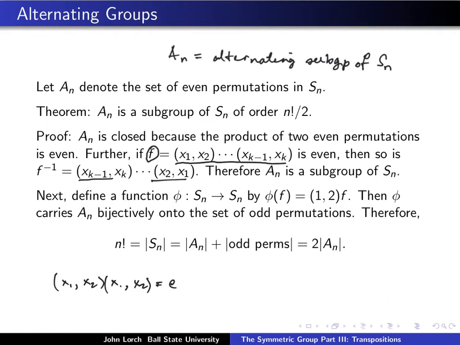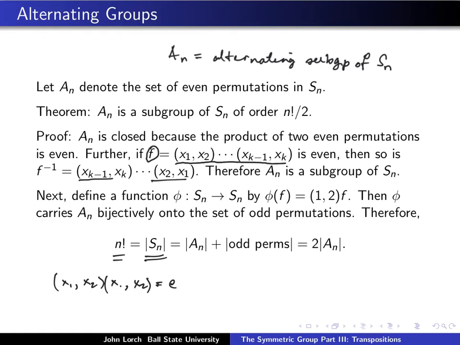And then the question is, well, what about the order of the alternating group? So you can define a function from Sn to itself, sort of a multiplicative function, where you take f and you multiply it on the left by the transposition (1 2). It turns out that this function carries A sub n bijectively onto the set of odd permutations. And so if you want to know what n factorial is, well, we already know it's the order of the symmetric group.